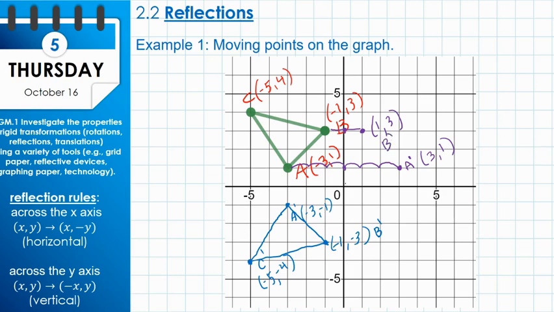For C prime, starting at the line of reflection, we count 1, 2, 3, 4, 5. From line of reflection, 1, 2, 3, 4, 5. Coordinate is +5, +4. 5, comma, 4.